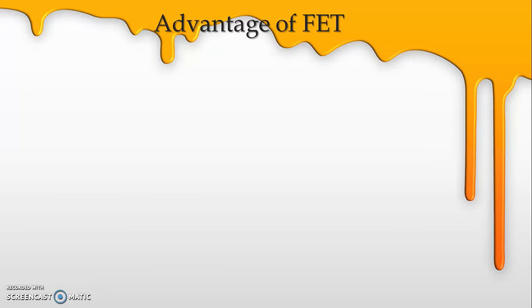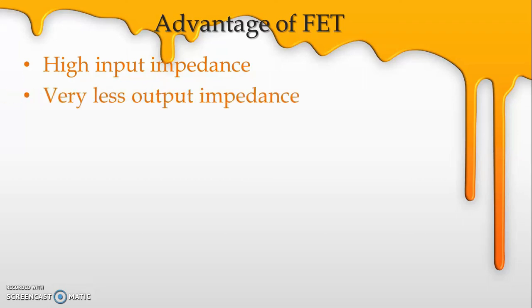Now let us discuss certain advantages of field effect transistor. It has a very high input impedance, and that is why it does not load the source. And output impedance is very less, so maximum power can be transferred to the next stage.